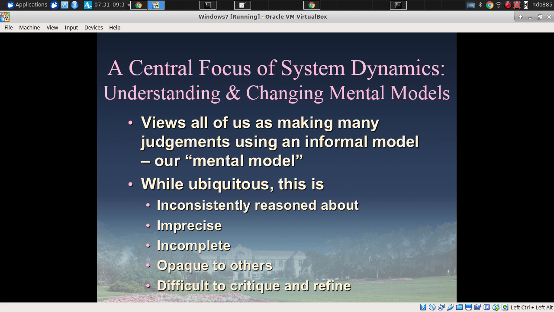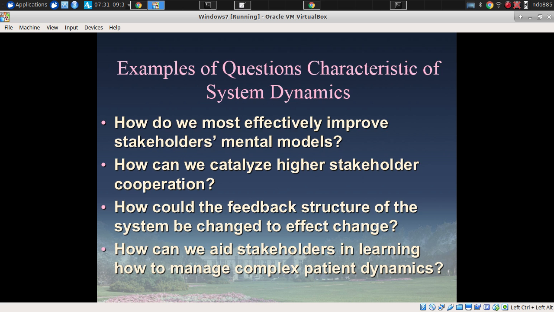And in this context, system dynamics views the use of models as, in large part, a way of taking that mental model out, sharing it, and allowing many to gain from it, refine it, contribute to it, and ultimately to change how they think about their place in the system and their relationship with other stakeholders.